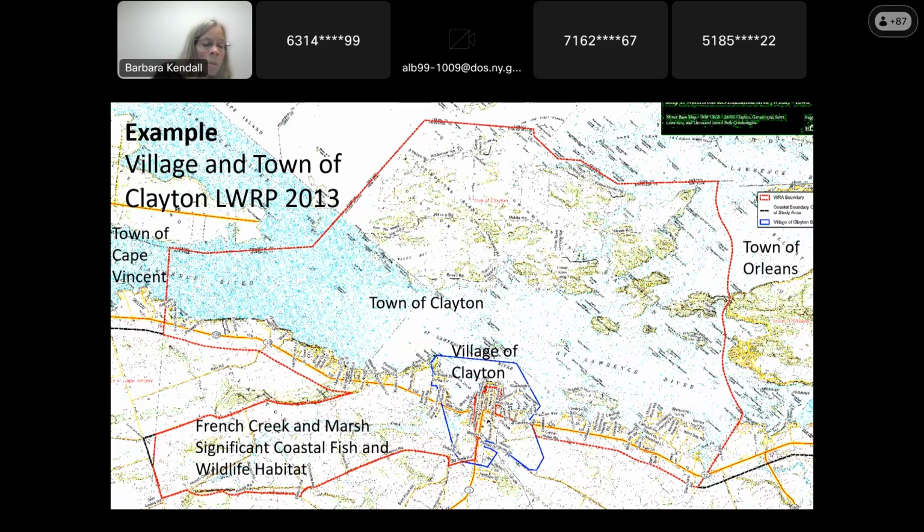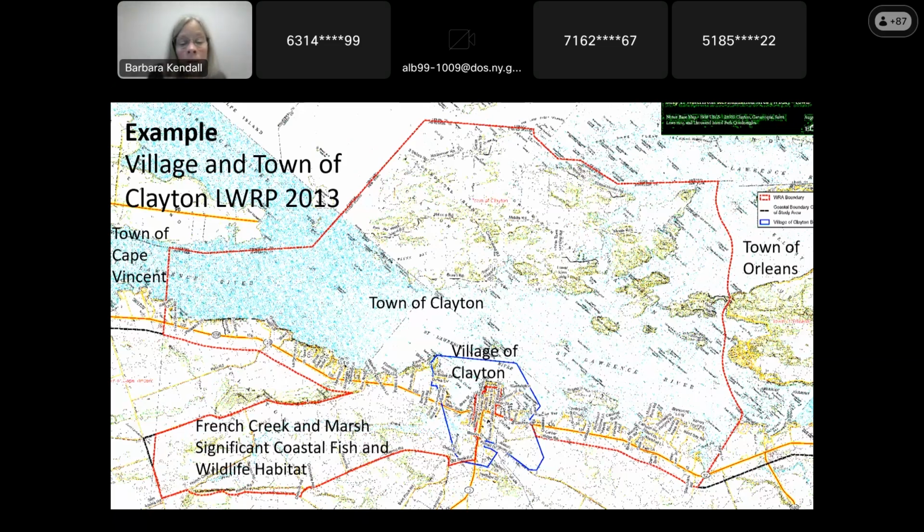And then you can see this little corner down here with the French Creek Marsh. That little corner is actually in the town of Cape Vincent. And the red line is the town of Clayton's waterfront revitalization area. Again, that's important when projects come up and you're reviewing them for consistency with the LWRP. And then over on the landward side, you can see it parallels the Route 12 and 12F.